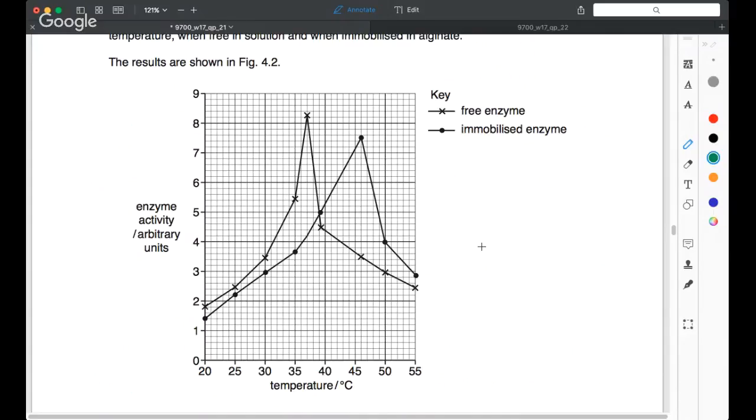The gradient from 20 to 25 Celsius is bigger for the immobilized enzyme than the free enzyme. The gradient from 25 to 30 Celsius is bigger for the free enzyme than the immobilized enzyme. Okay, yeah, so you could go on and explain all the gradients.